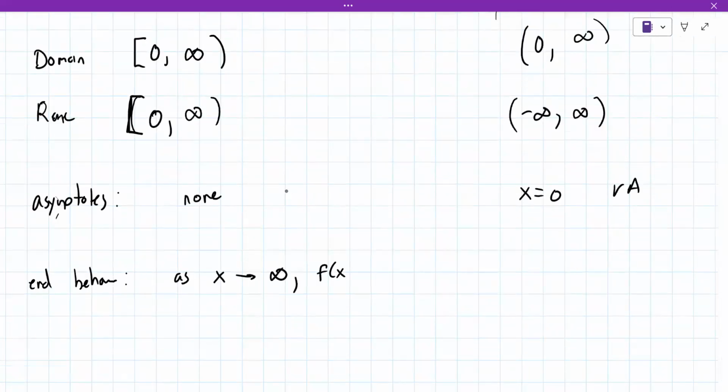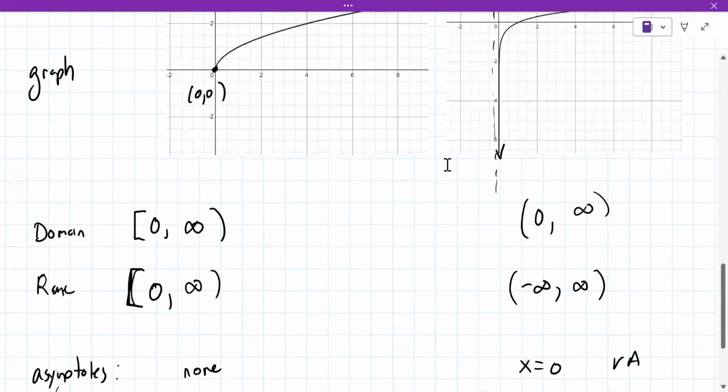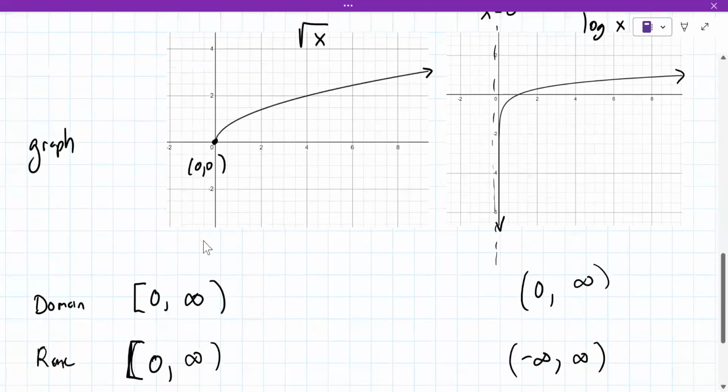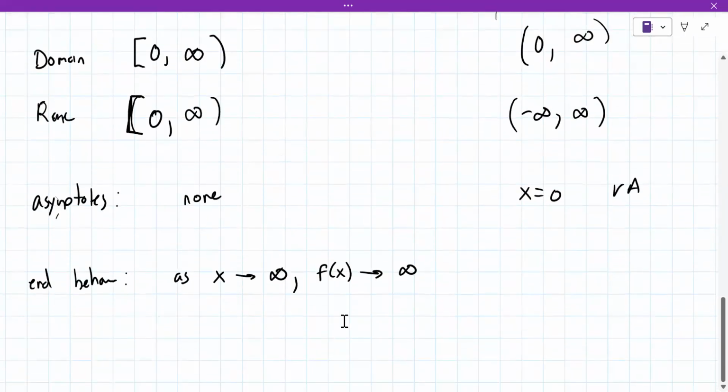So f of x, or y, goes to infinity. And then for going left, it doesn't go left forever. It just stops at 0. So there's not really end behavior. There's sort of kind of end behavior. It depends on how your instructor looks at this. So I'm not sure there's end behavior going the other way.